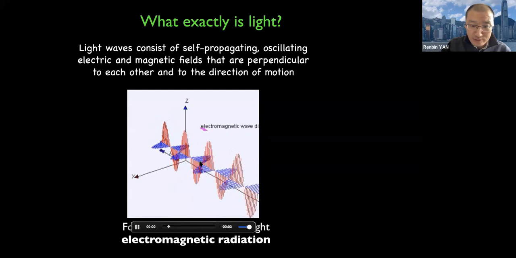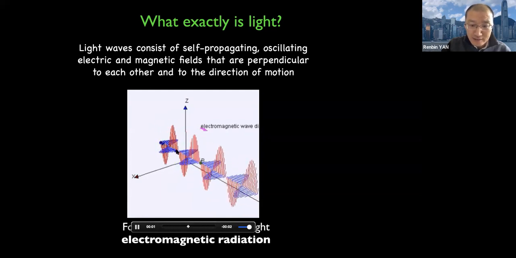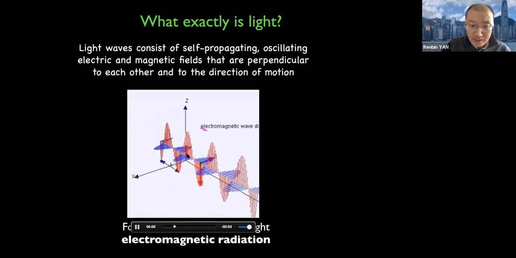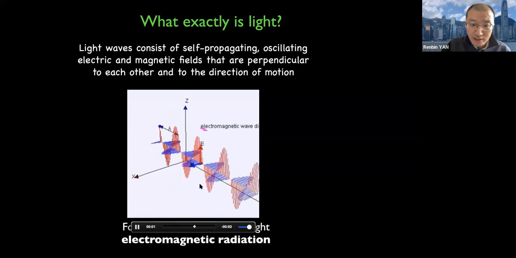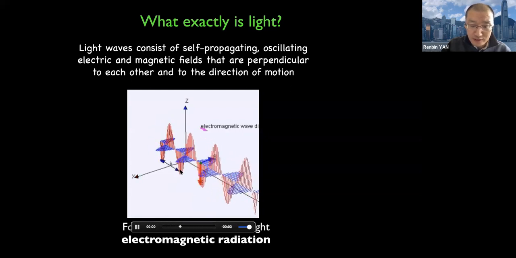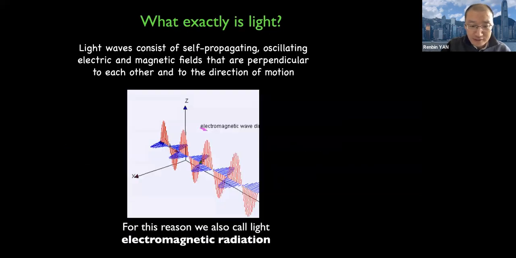As a result, you generate an electromagnetic wave that is propagating in a direction perpendicular to the direction of these fields. And this is what we call light, electromagnetic radiation.